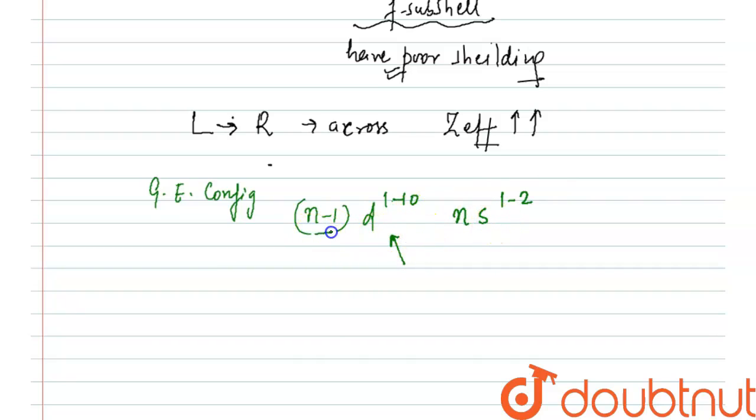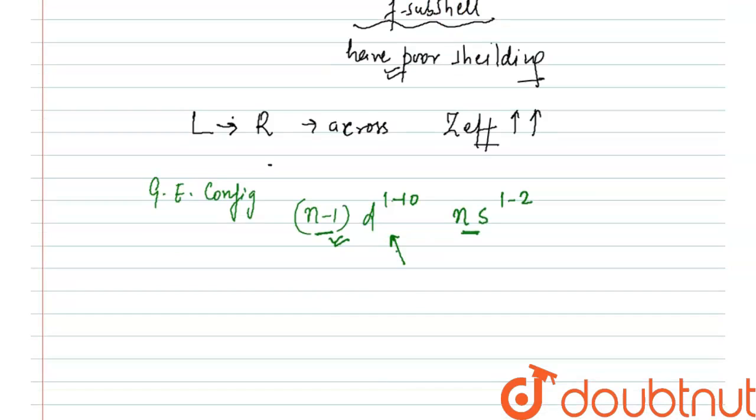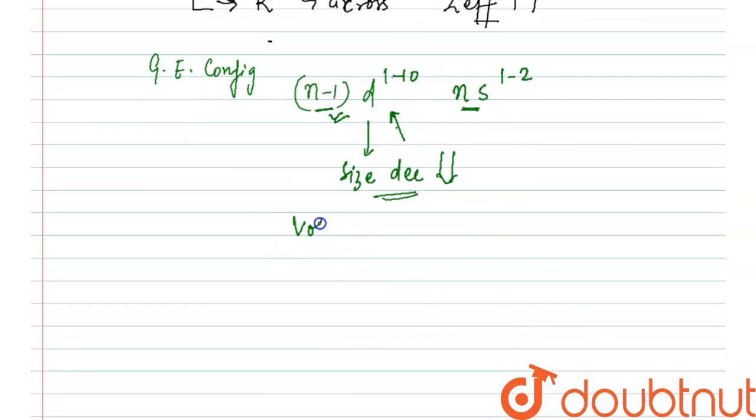So this is n-1, the inner shell, and this is the last shell. The inner shell is getting filled up as we move across the period. Due to this, the nuclear charge attracts all the electrons, Z effective is increasing, and it attracts all the electrons towards itself. Due to this, the size is decreasing, and eventually the volume is also decreasing.